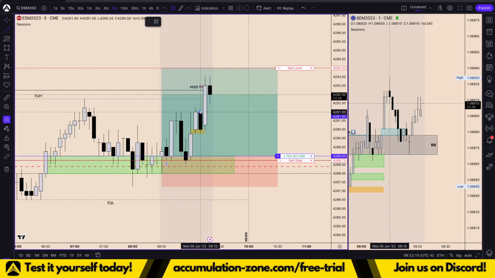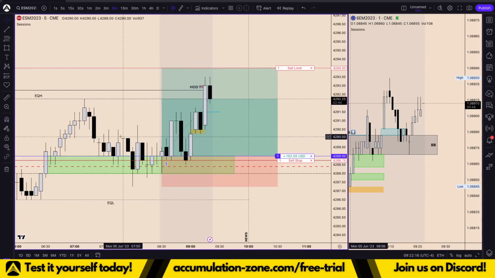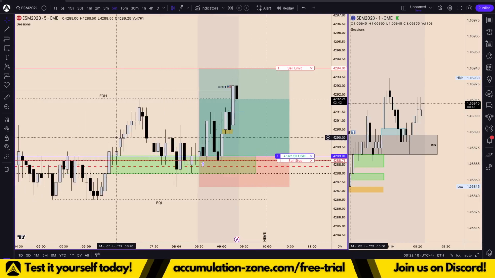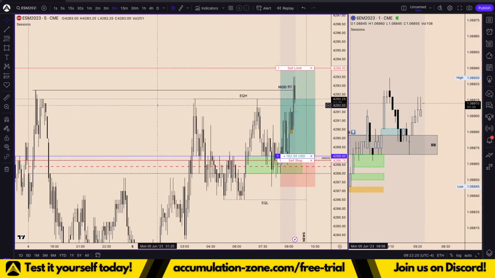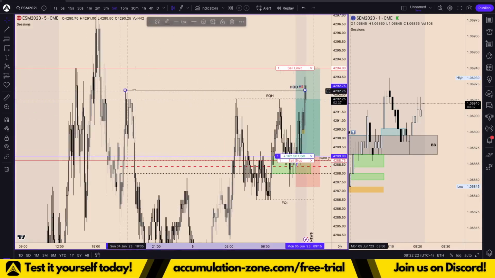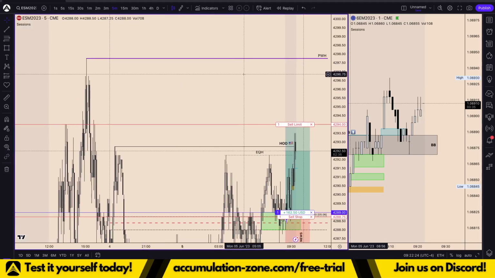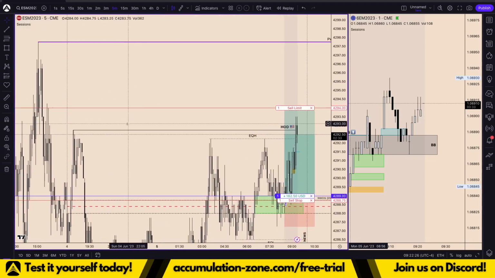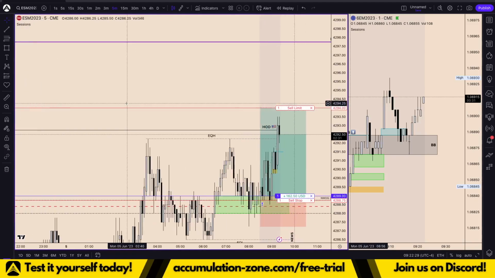This would be the rebalancing for me. We took out all major buy side liquidity pools. Current high of the day, we have the previous week high right above here. So yeah, I think we could see price reach into this.